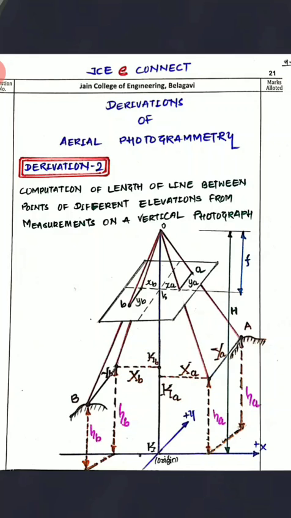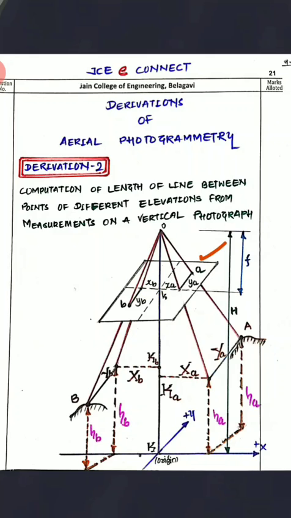Now the same things are projected in the photograph. A is projected here and it has a y coordinate: from here to here it is YA, and here to here it is XA. So with respect to A you have XA and YA. With respect to B, it has a YB distance from the principal line, and this is XB.